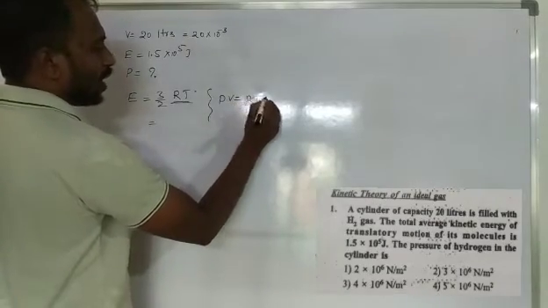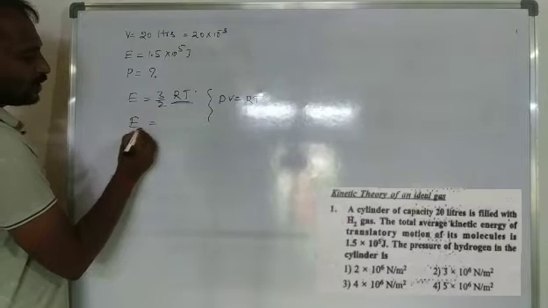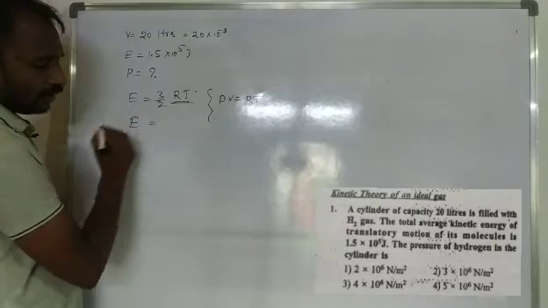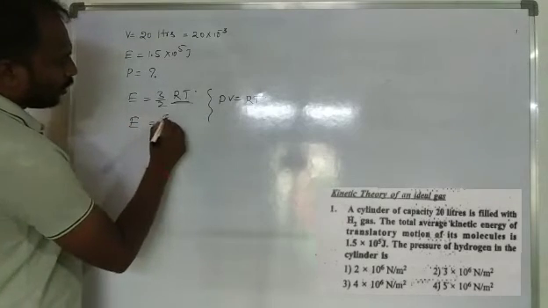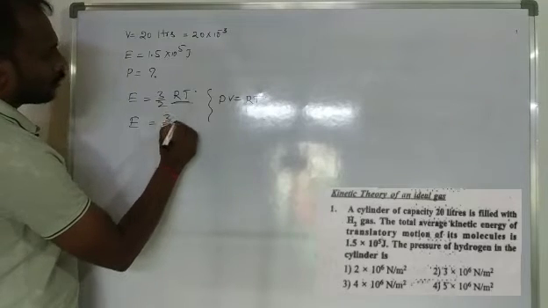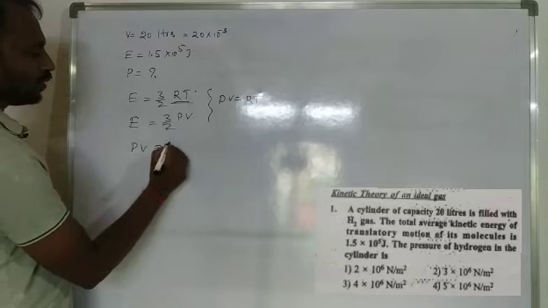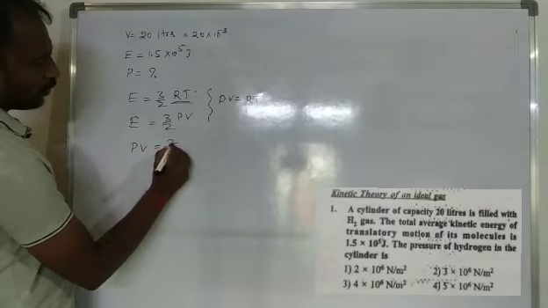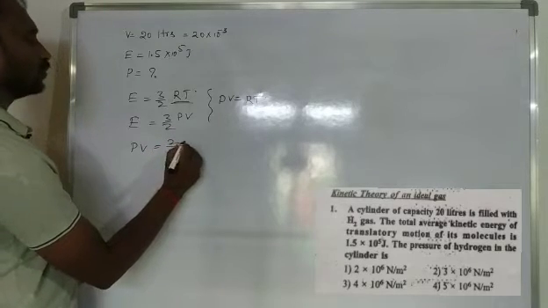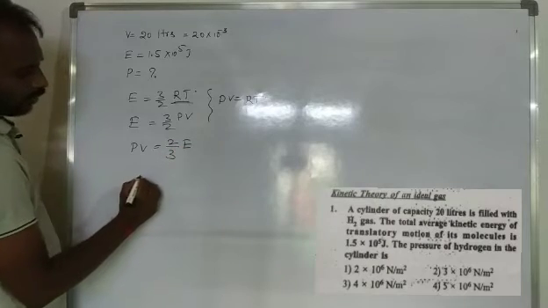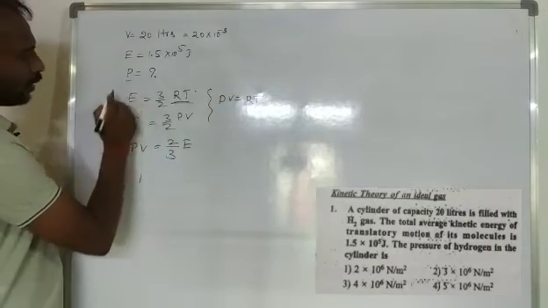So E is equal to 3/2 PV, which means PV is equal to 2/3 into E. Here we want to calculate the pressure.